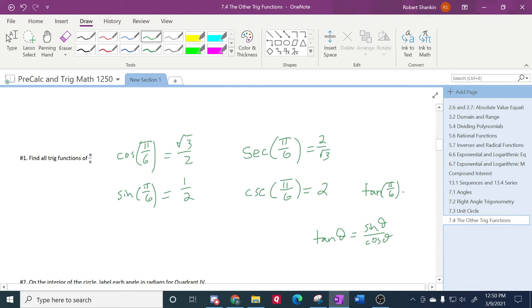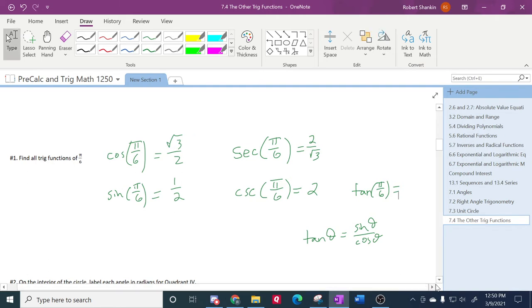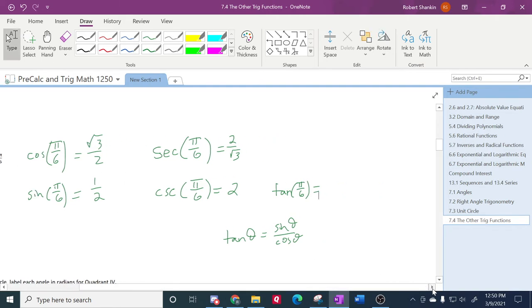And so it's going to be this 1/2 divided by this one over here, 1/2 over this one, square root of 3 over 2.